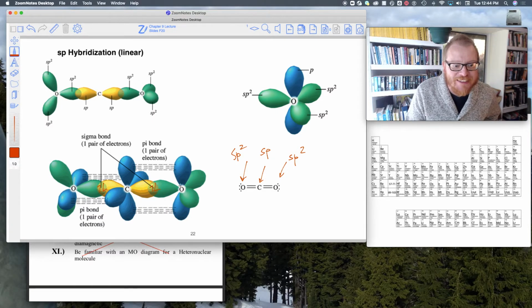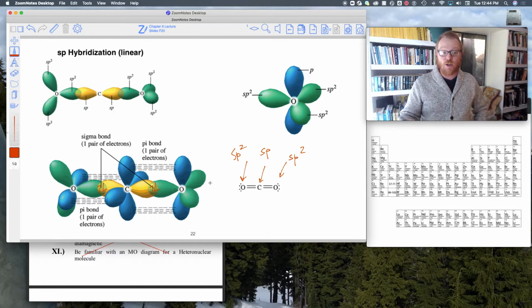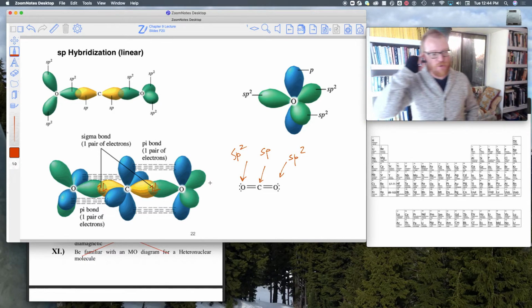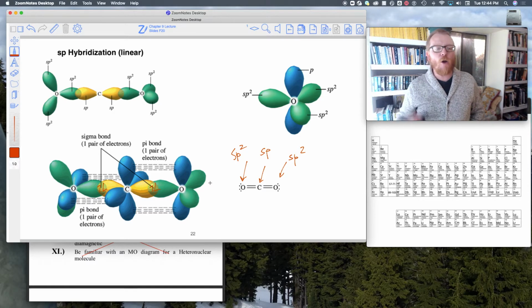So that represents the internuclear single bond, the bond that exists between the 2 nuclei. But now, and hopefully you can see this in this computer drawing, because carbon is sp hybridized, it's got 2 open p orbitals. Remember, the lobe on top and bottom counts as 1 p orbital, and the lobe to the left and right counts as 1 p orbital.